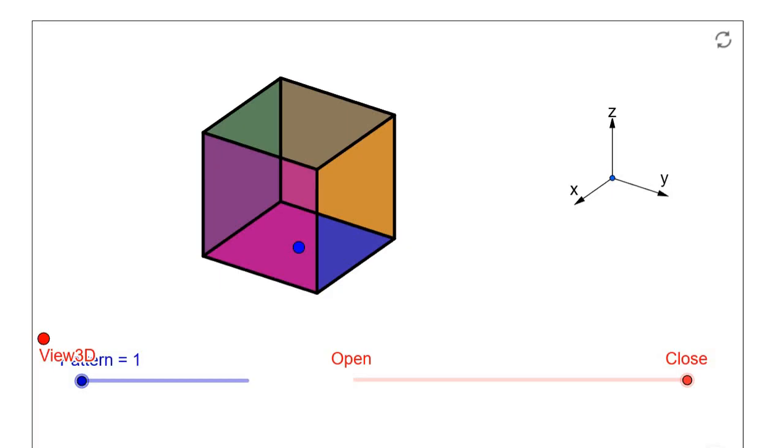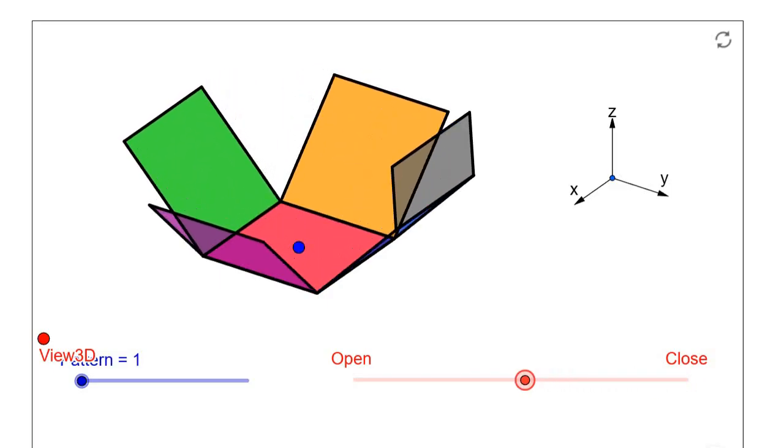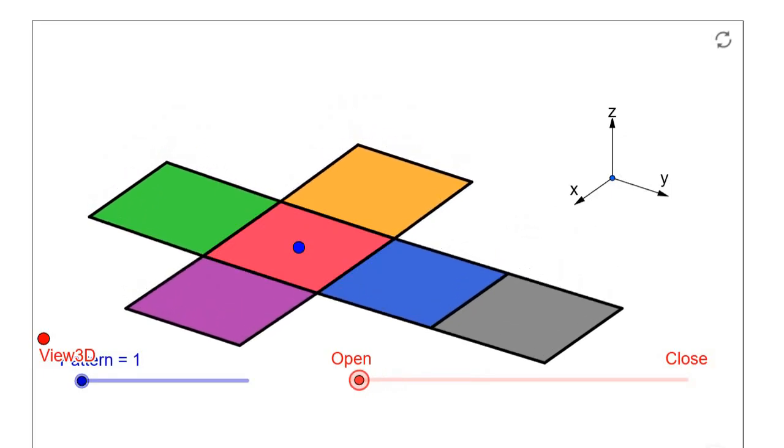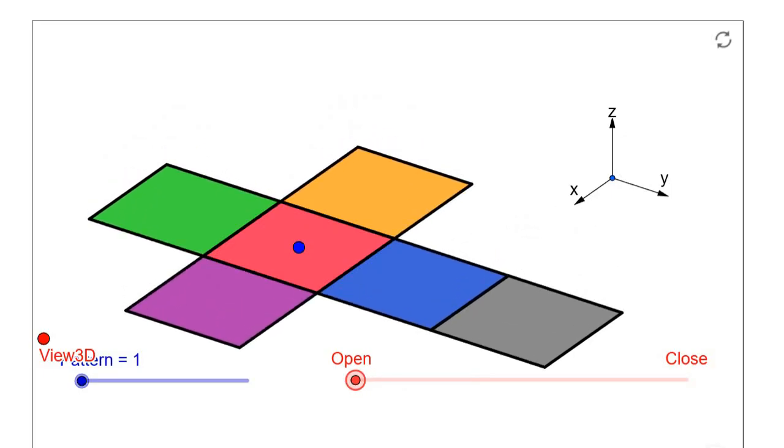So as you can see, the cuboid, this is x-axis, this is y-axis, and this is z-axis. Now this cuboid is formed using these 2D shapes, 2D rectangles we can say. So let's see how they are formed. When I open these, these are the faces, and these are going to be forming the faces of my cuboid.